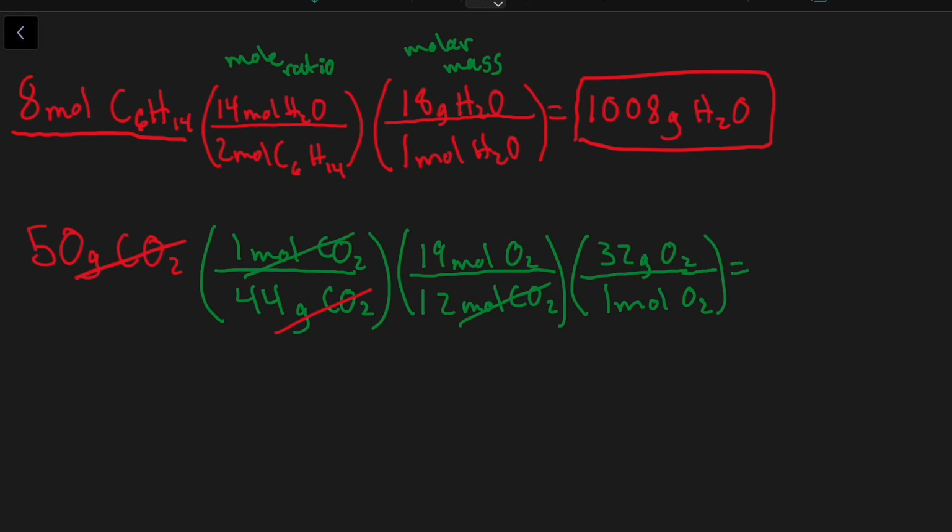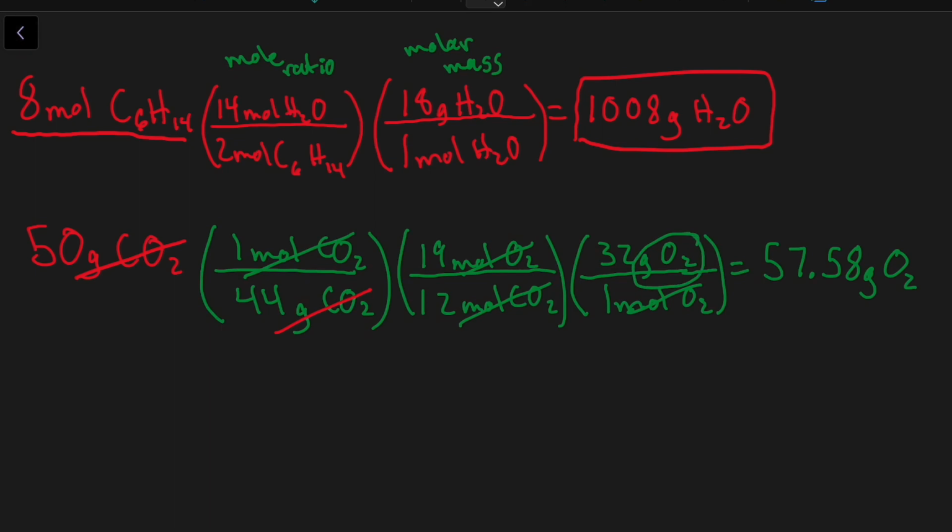After the calculations, you obtain 57.57575. So let's round it to 58 grams of oxygen, right? And finally, I didn't tell you, but you cancel the moles of oxygen. So finally, you get these grams of oxygen.